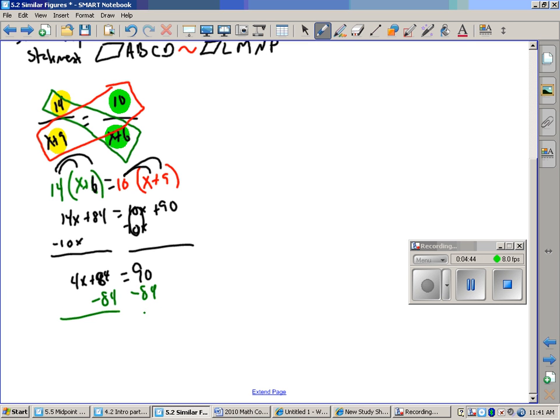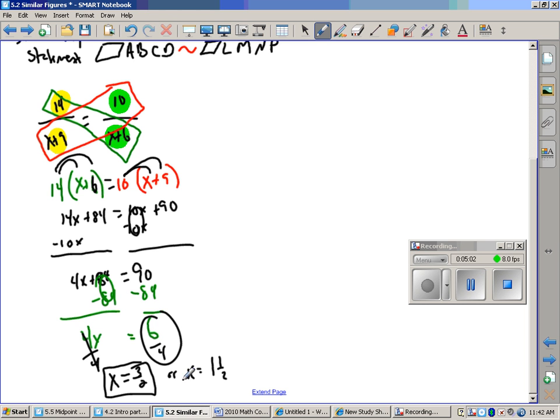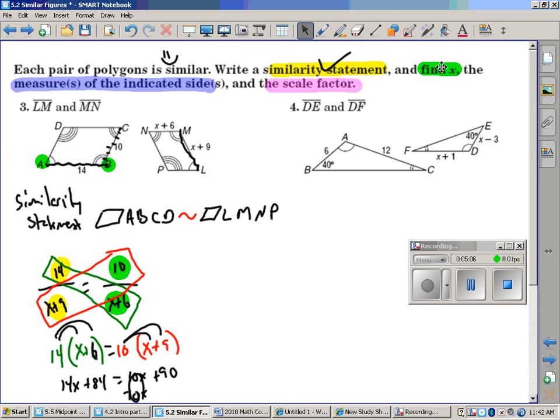Attack the addition subtraction part first to have 4x equals 6, and then divide both sides by 4. x equals 6 over 4, or 3 halves is fine. You could also write x equals 1 1/2, or 1.5. But anyway, we found x. x equals 3/2.